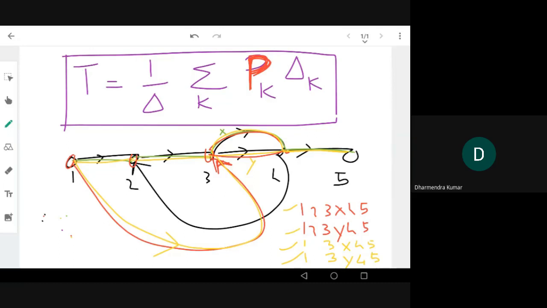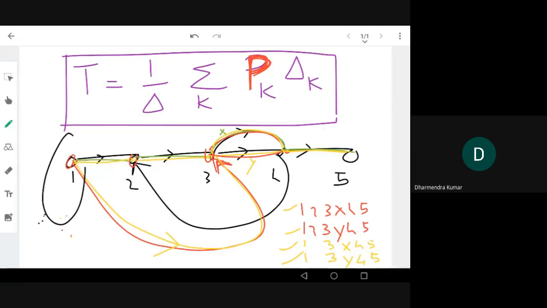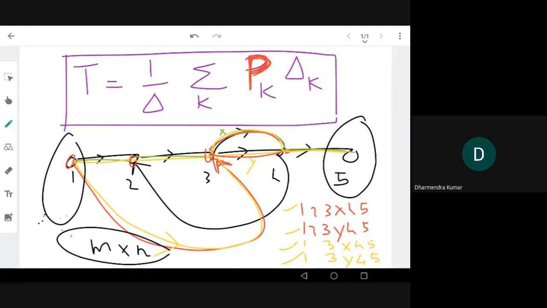Okay, so this is exactly what we have learned in basic mathematics. If there are m ways to go from an event, and n ways to go to another event, combined, that means here in this example, for reaching from 1 to 5, if m ways are there in the first event and n ways in the second event, total ways can be m into n, right?